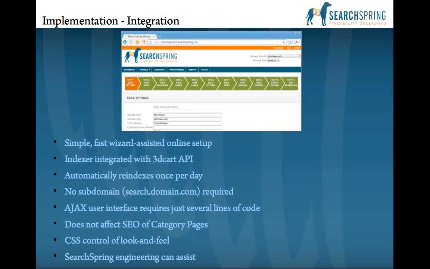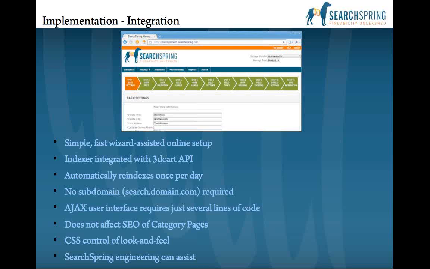Unlike some other search products on the market, it does not require a subdomain. That's because our AJAX user interface just requires several lines of AJAX code to insert the search interface, the search results and the faceting into either your search result page or your category pages to bring in Searchspring.